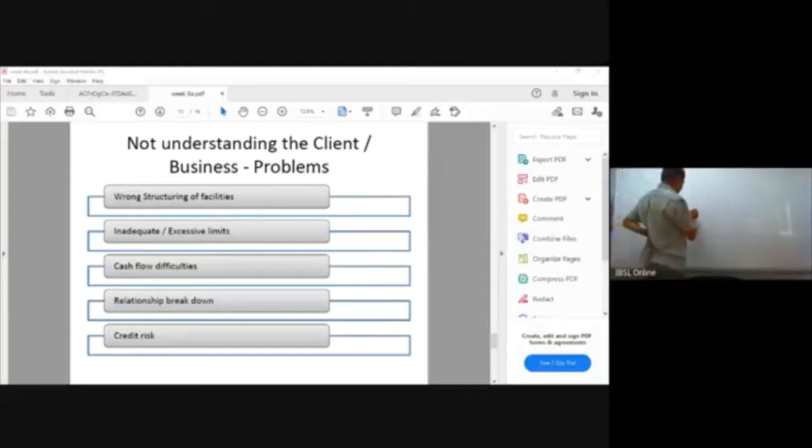So let's put January, February, March, April, December, like that. The customer's balance is here, and you are giving an overdraft for 50 million.